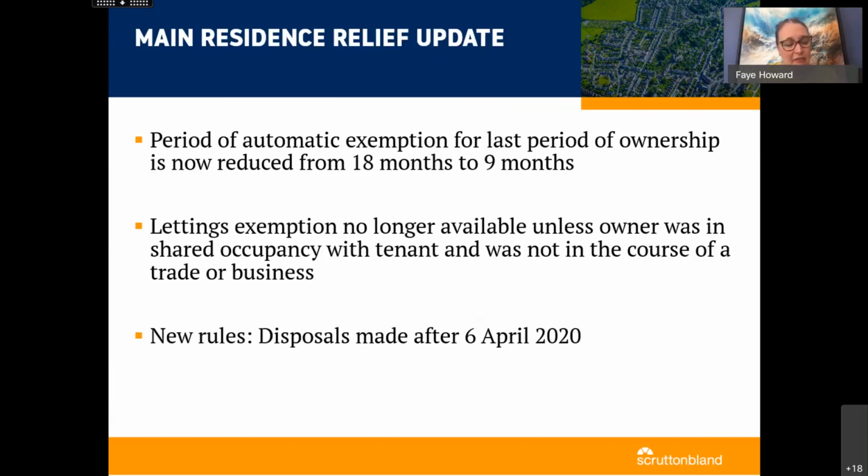Now, lettings relief was a very useful relief, whereby if you dispose of a residential property, which has been your only or main residence at any point, you can potentially claim lettings relief. And the amount of lettings relief available was the lower of the gain relating to the let period, the amount of principal private residence relief claimed, or £40,000 per person.